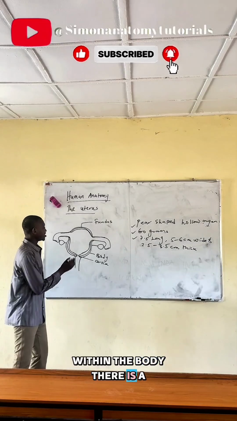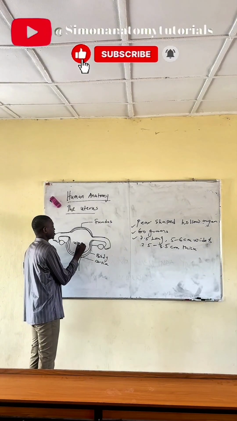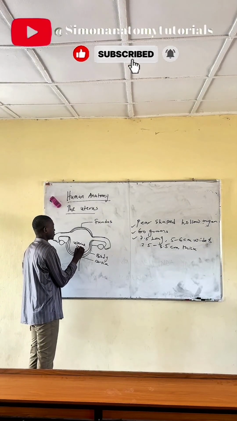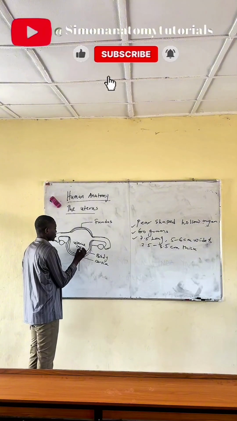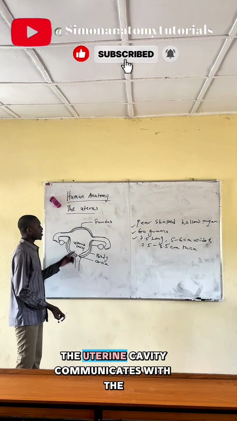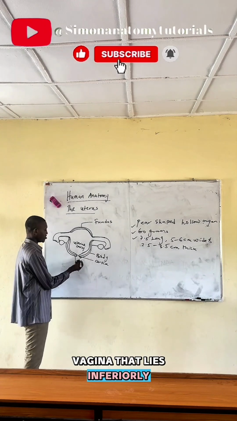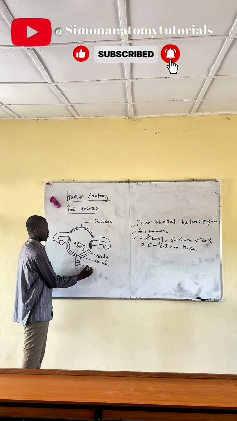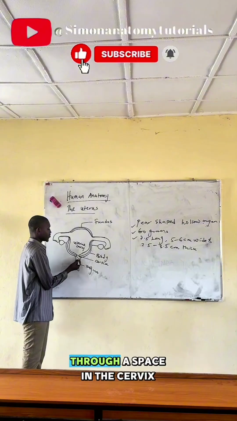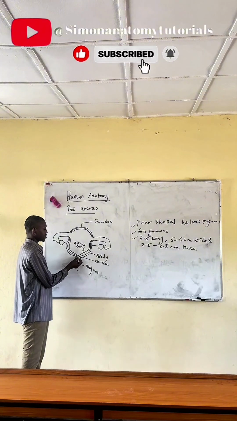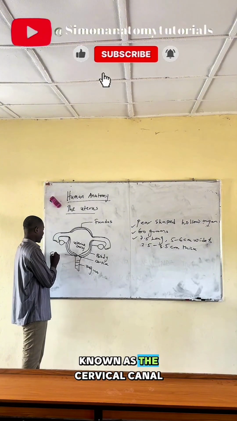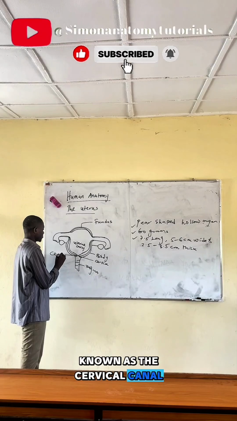Within the body, there's a space called the uterine cavity. The uterine cavity communicates with the vagina that lies inferiorly through a space in the cervix known as the cervical canal.